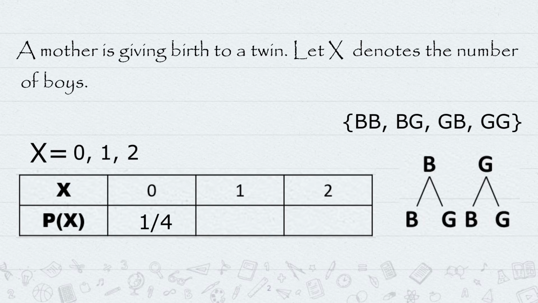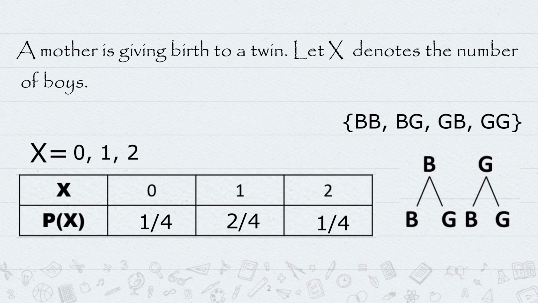Next, ano naman yung probability ng 1 or isang boy? So, meron tayong ditong boy-girl at girl-boy. So, 2 out of 4, we have 1/2. Next naman, anong probability ng dalawang boy? So, ito lang siya, boy-boy. We have 1 out of 4.